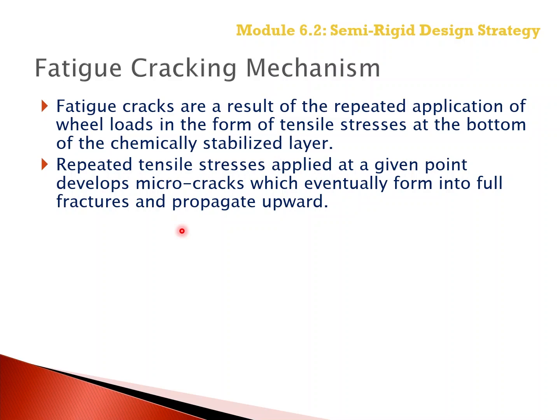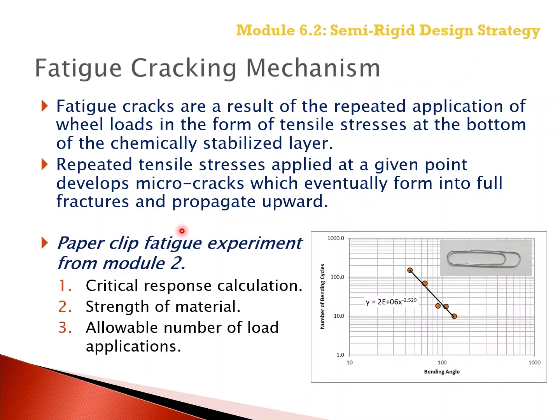This is very similar to the paperclip experiment that we've already discussed from Module 2, for rigid pavement fatigue cracking as well as asphalt fatigue cracking. So the bottom-up fatigue cracking for chemically stabilized layers is no different.